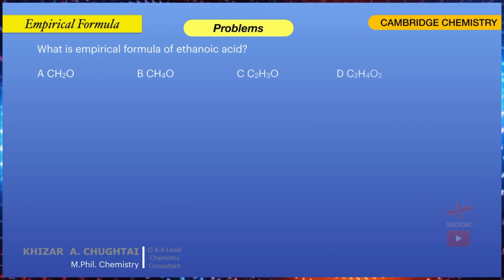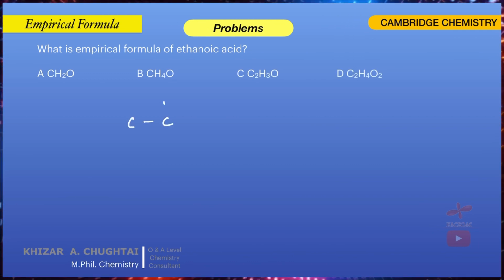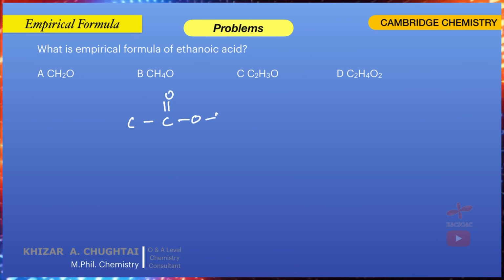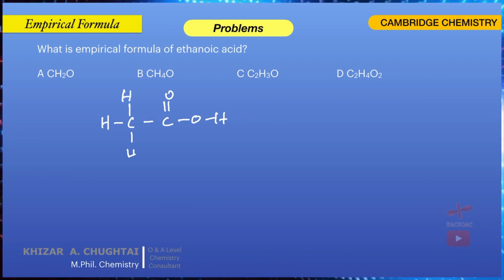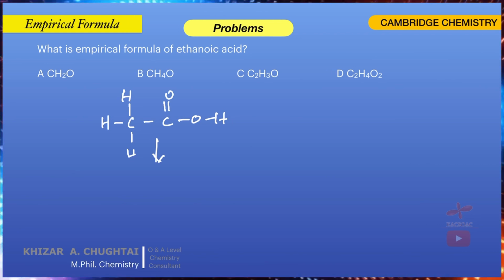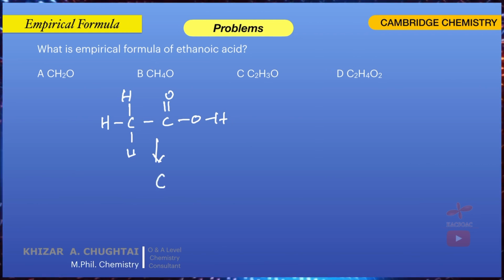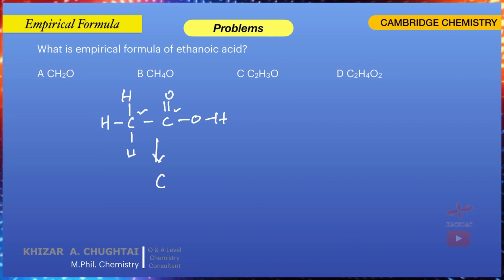What is the empirical formula of ethanoic acid? Once again, you should first write the displayed formula of ethanoic acid, if you are a student of O-level chemistry. Then you will change it into the molecular formula or condensed formula. C2, carbons are over here.